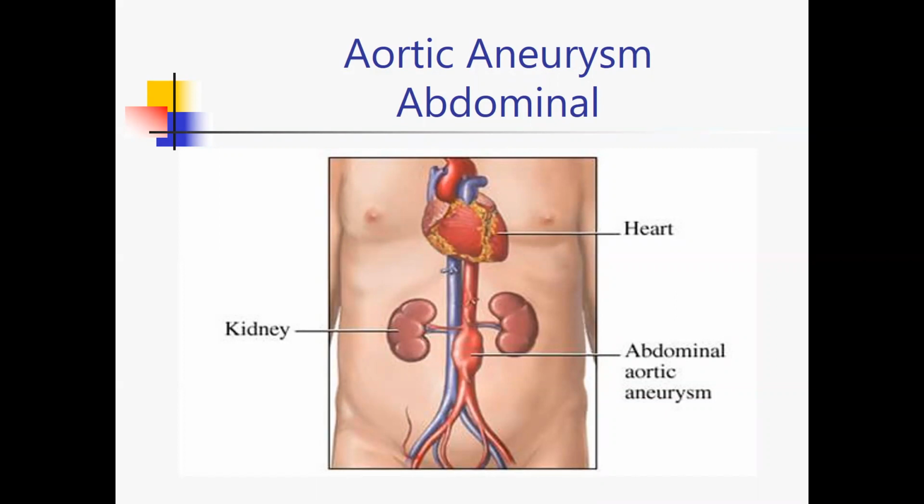And if they clot off distally, they can cause no circulation in the distal extremities. So nursing needs to note, very, very important, the pulses in the feet, lower extremities of their clients, especially if they have an abdominal aneurysm.